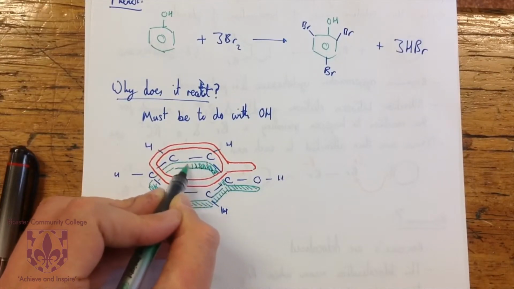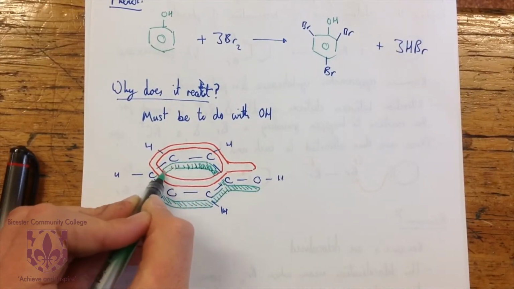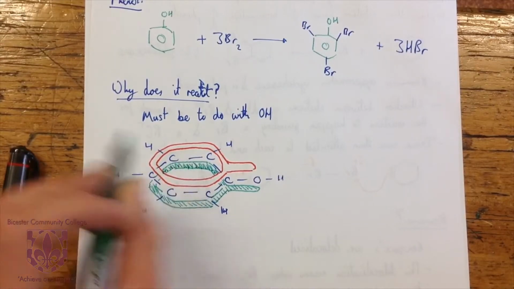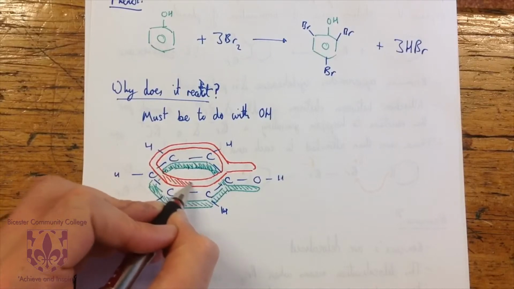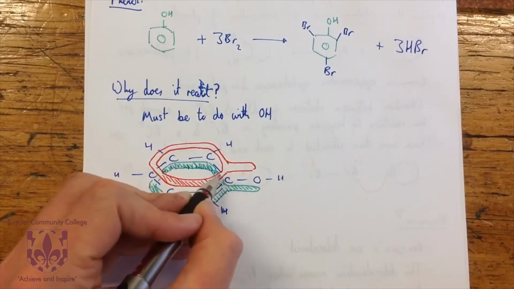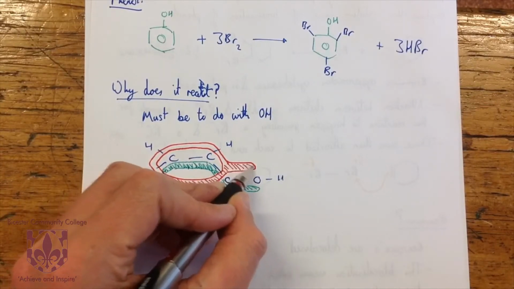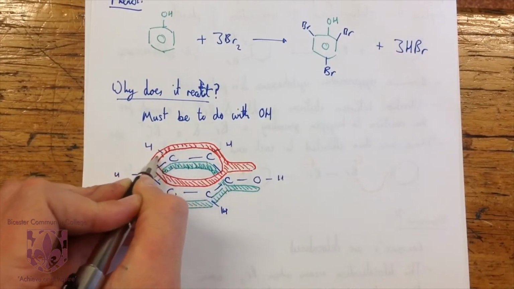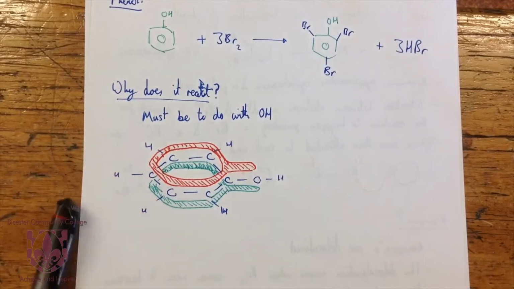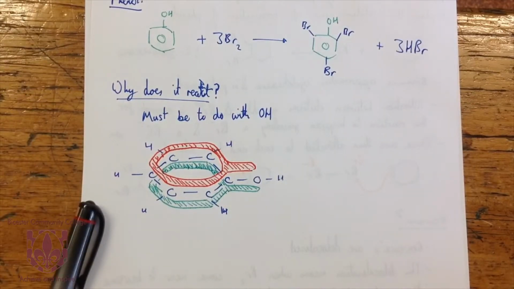And the lone pair of the oxygen is now in this delocalized system. So what we have, instead of a system with 6 electrons, we've now got 8. And that is the difference. So delocalized over this area, instead of having 6 electrons, you've got 8 with only a slightly larger area that they're spread out over.